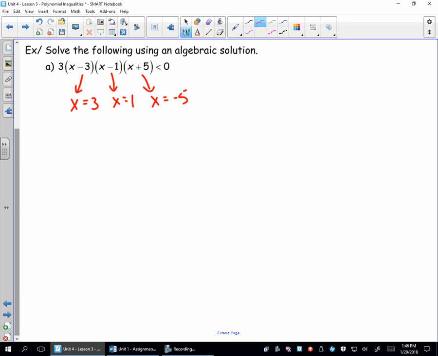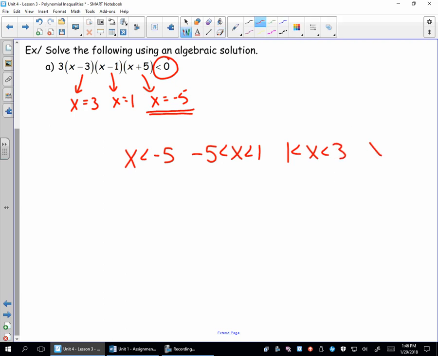This is where I hit the axis. I want to know where I am below the axis. So I'm going to make a table based on these critical values. And it works from the leftmost value to the rightmost value. The leftmost number is -5 on a number line. And then it's going to go from -5 to the next number, which is 1. And then from 1 to 3.